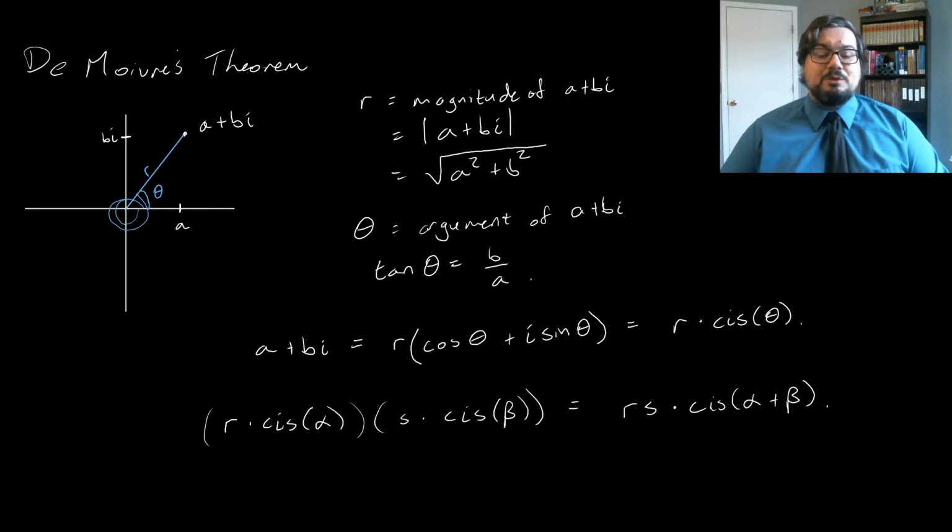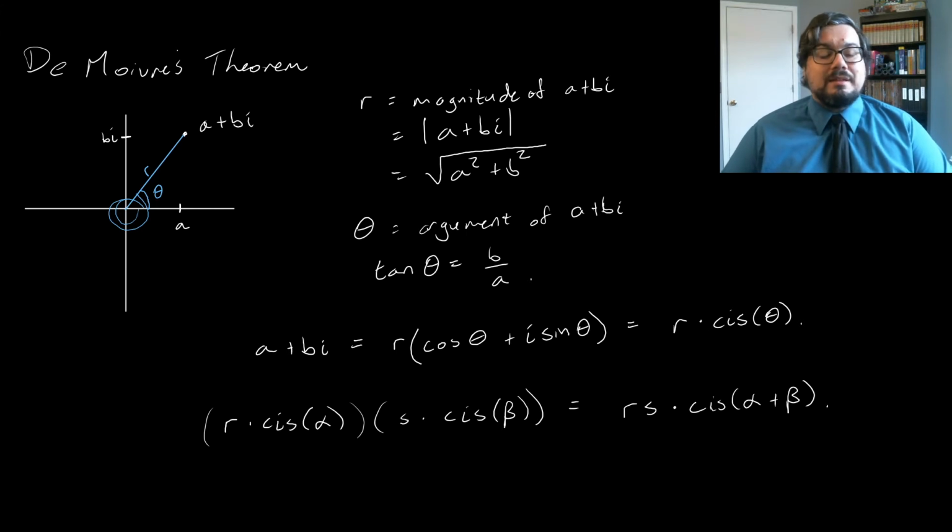It allows us to take a multiplication of two complex numbers and get an expression for it that involves just multiplying two real numbers together and adding two angles together. So it simplifies the process of multiplying complex numbers significantly.